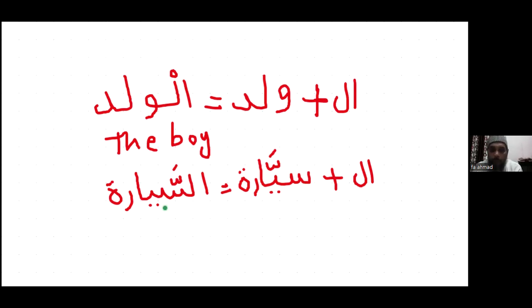Now, we will give you a list of sun letters and a list of moon letters. 14 letters are moon and 14 letters are sun. In moon letters you read the lam, in sun letters you don't read the lam.